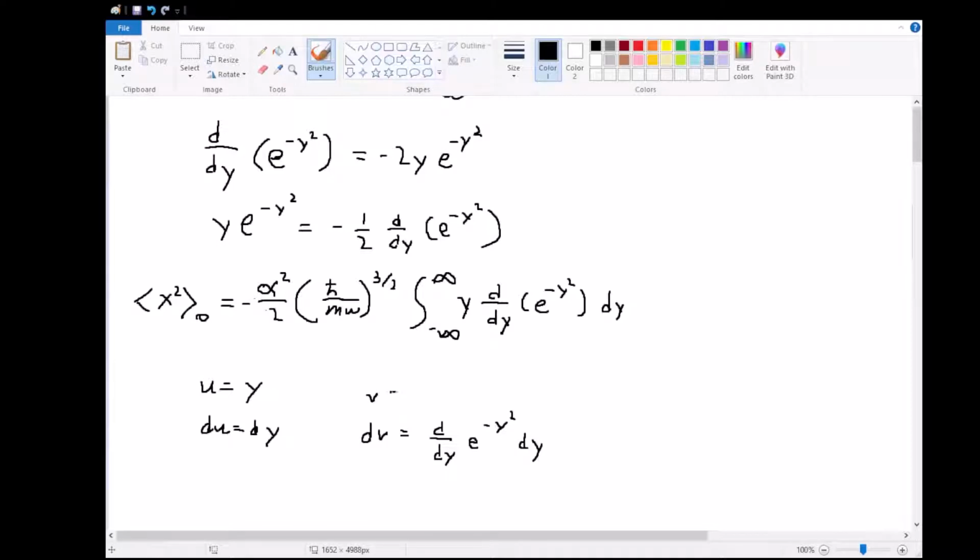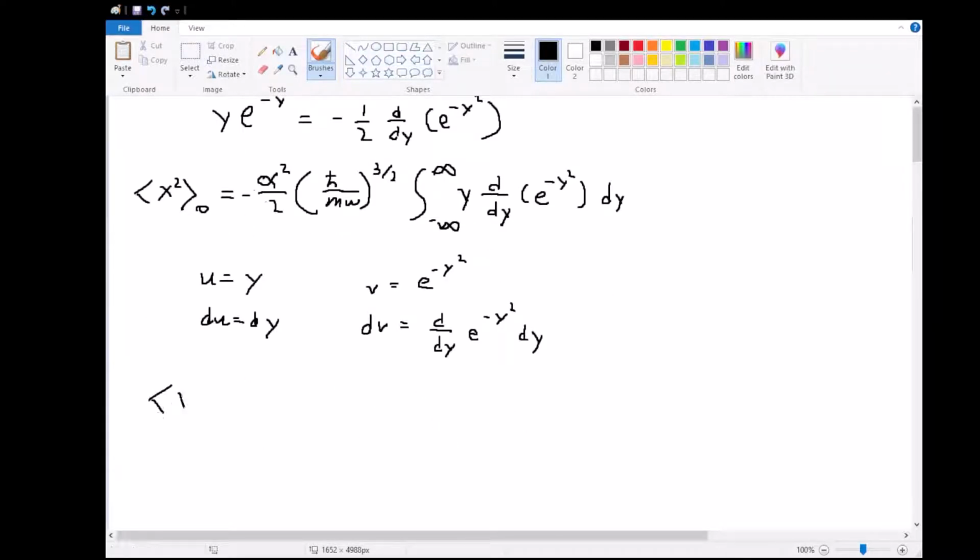Then v itself is equal to e to the negative y squared. Then we use uv minus integral v du. uv is y times e to the negative y squared, evaluated at positive and negative infinity. The exponential goes to 0 exponentially fast, whereas the y term goes to infinity linearly. So because of that, the exponential always wins, and the boundary term goes to 0.